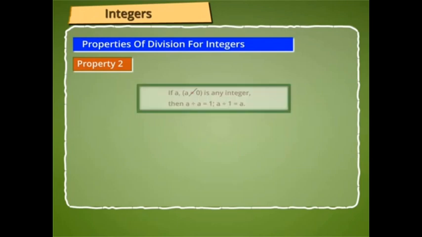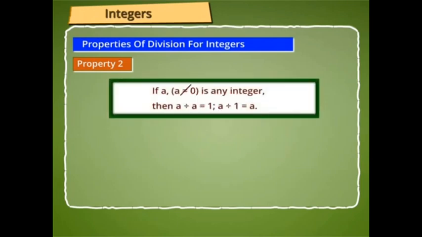Property 2. If a ≠ 0 is any integer, then a ÷ a = 1 and a ÷ 1 = a. For example, 5 ÷ 5 = 1 and −7 ÷ 1 = −7.